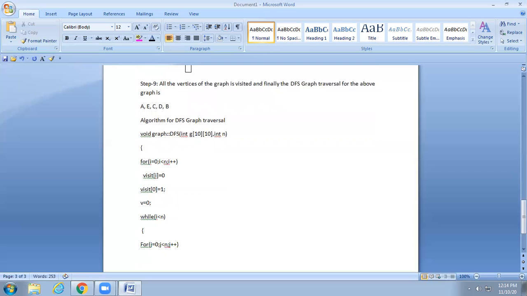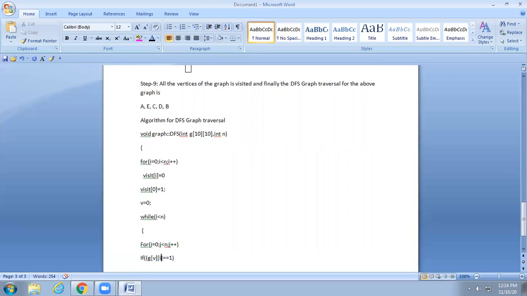If g of vi is equal to 1, it indicates there is an adjacent vertex. So how do we say that there is an adjacent vertex of v?